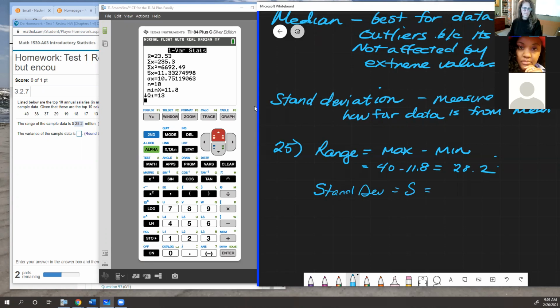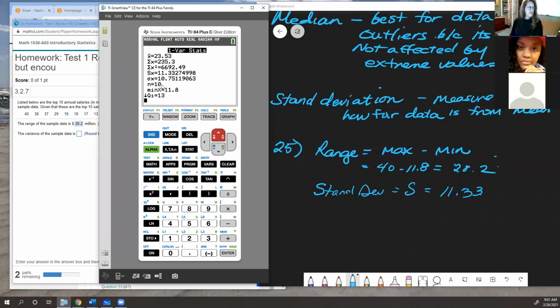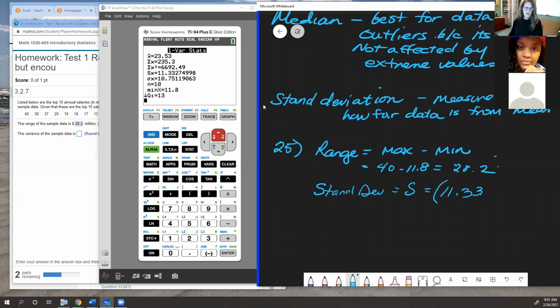It says round to 2 decimals, so I'm going to put 11.33. Okay, and we're going to square this. Good. 128.43.